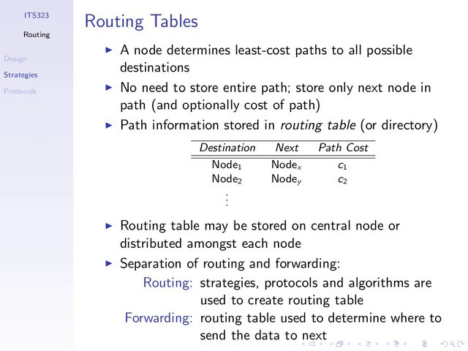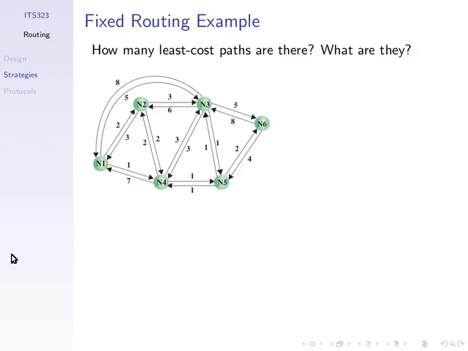In our example, to calculate our least cost paths, we actually needed to know this information. We needed to know that N1 was connected to N4 via a link with a cost of 1 and in the reverse direction a cost of 7, and all the other information.